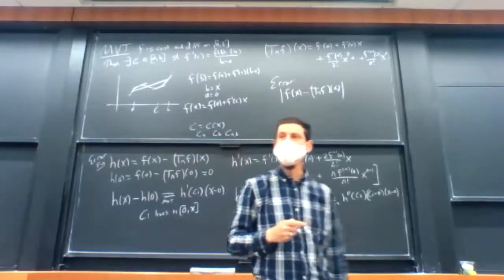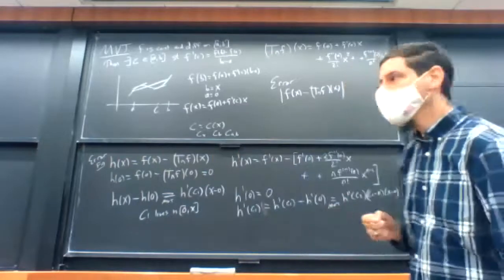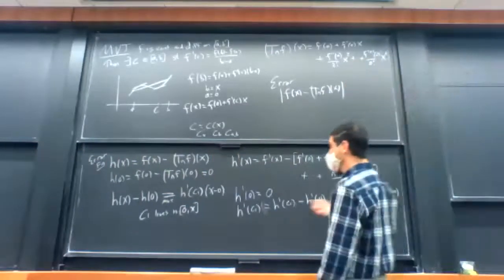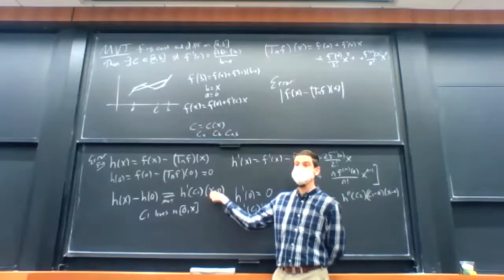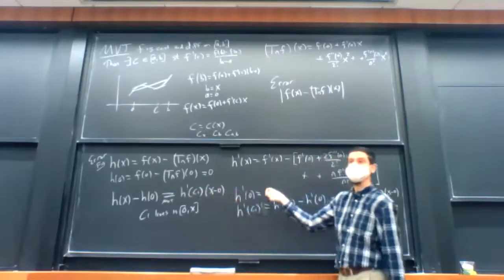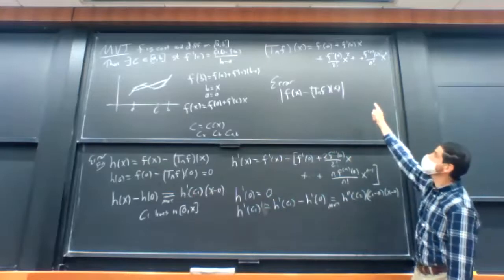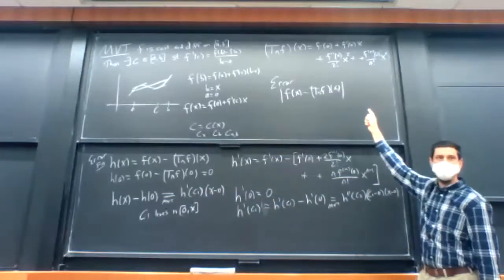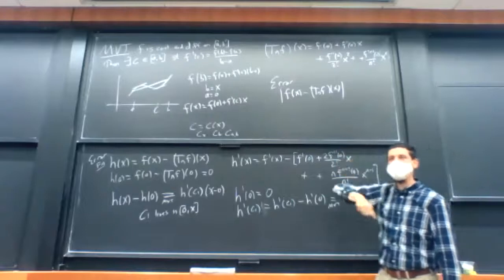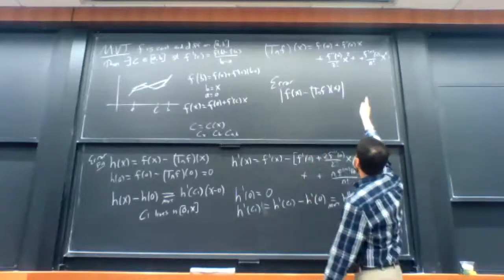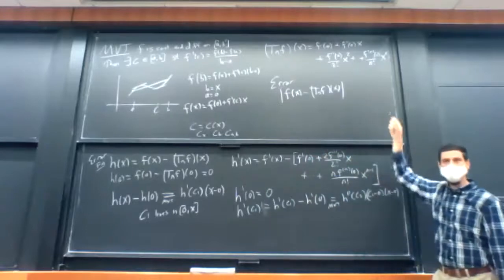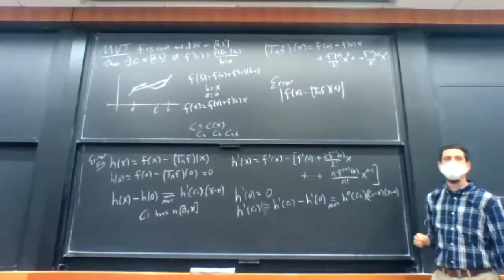Well, we don't know. They may not be getting small. C1 might be extremely close to x, and C2 might be extremely close to C1, which is close to x. But we know Tn of f is a polynomial of degree n. If we do this n times, we get the nth derivative at 0. If we do it n plus 1 times, there's nothing left over.